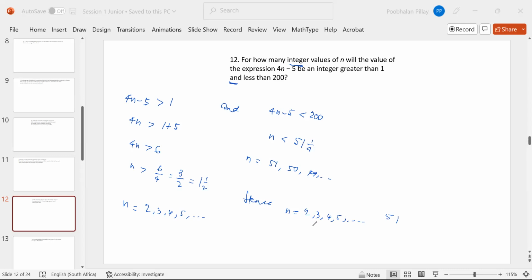So now you want to know how many integer values there are. You want to know how many numbers are in this list. We just answered the question. How many solutions altogether? It's 51 minus 2 plus 1.